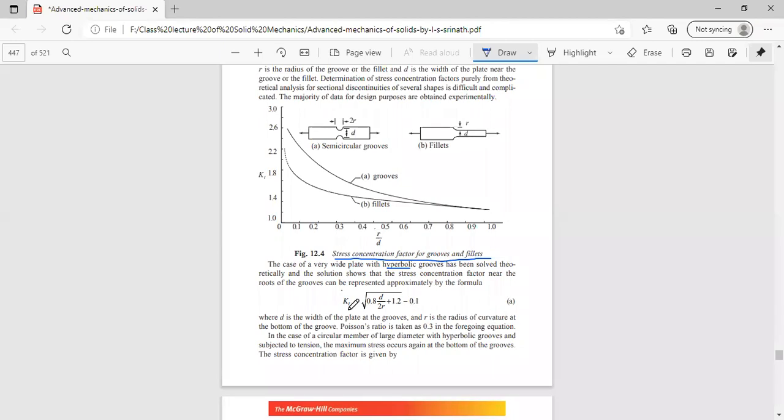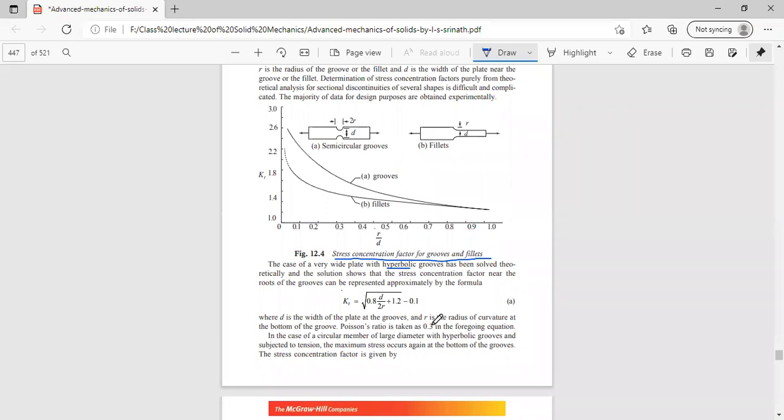Here the formula is different from the one I discussed earlier, where the stress concentration factor is given as 0.8 multiplied by the square root of D by 2R plus 1.2, minus 0.1, where D is the width of the plate and R is the radius of curvature at the bottom of the groove itself.